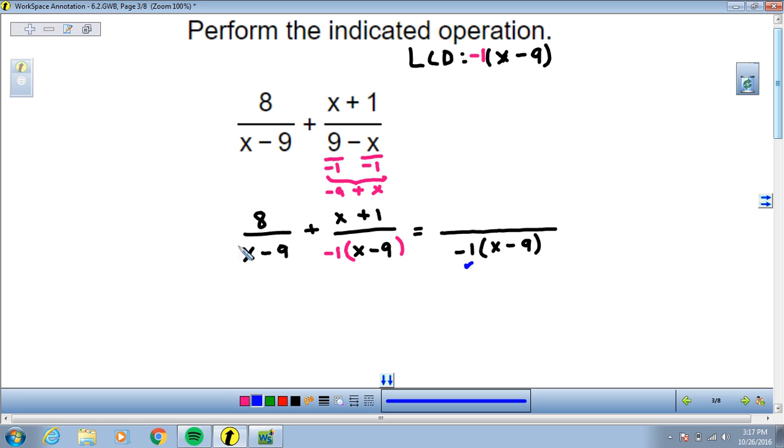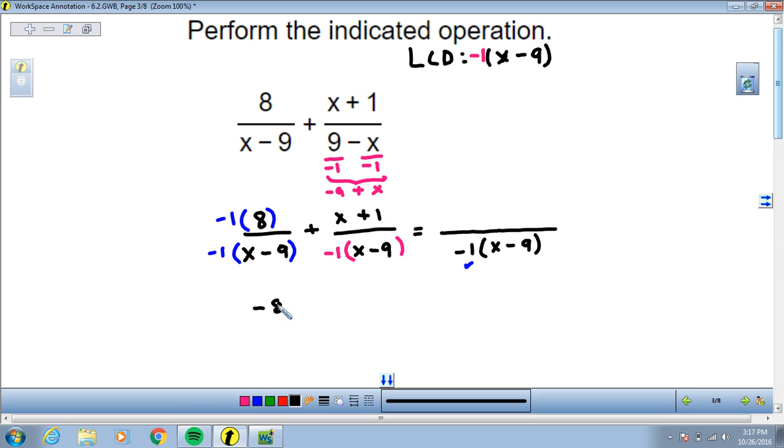So you're going to multiply both the numerator and denominator by a negative 1 to make it equivalent. That way we can keep it balanced. Whatever you do to the denominator, you have to do to the numerator as well. So if we multiply by a negative 1 on the numerator, we get negative 8, right?